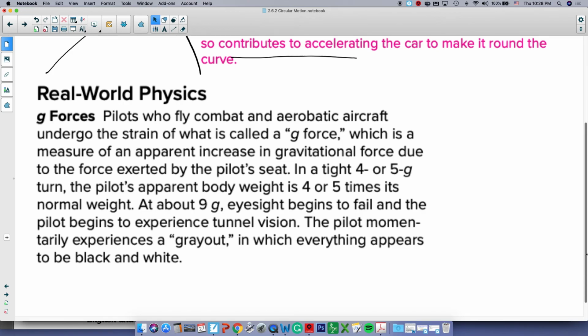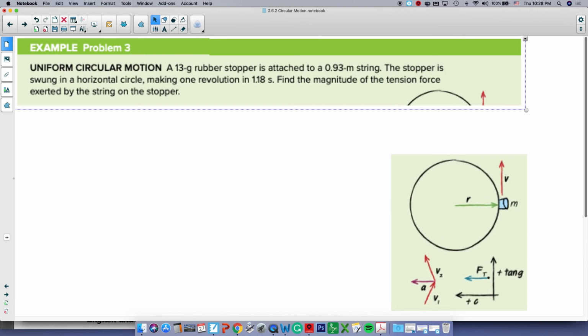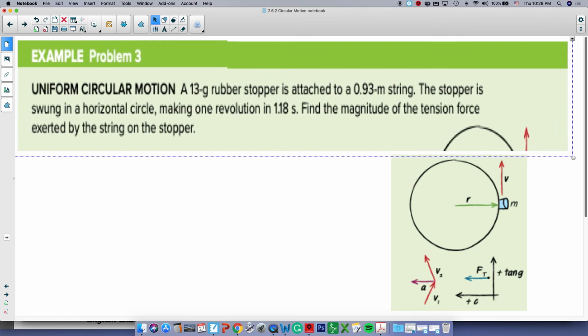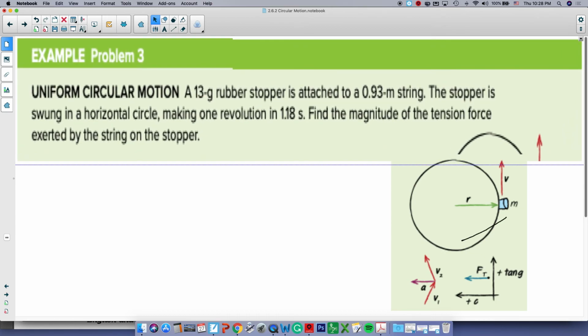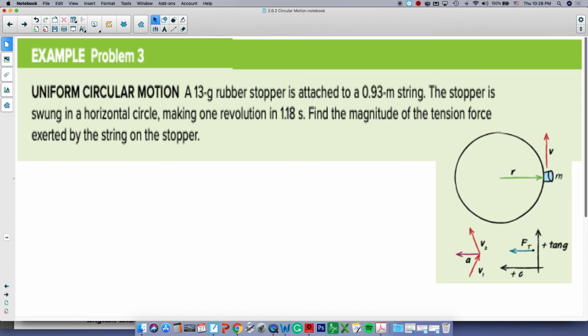Okay, so let's try a centripetal force or centripetal acceleration problem here. So we have a 13-gram rubber stopper. Let's make that a little bit bigger. So you've got a 13-gram rubber stopper spinning around, attached to a 0.93 meter string. The stopper is swung in a horizontal circle, making one revolution in 1.18 seconds.